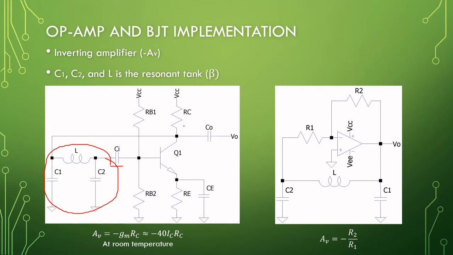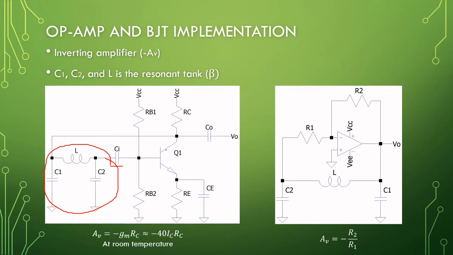For an amplifier like this, the gain is minus the transconductance multiplied by the collector resistor, and this at room temperature is approximately minus 40 IC RC. So we can choose a collector current, choose a collector resistor here to set the gain.